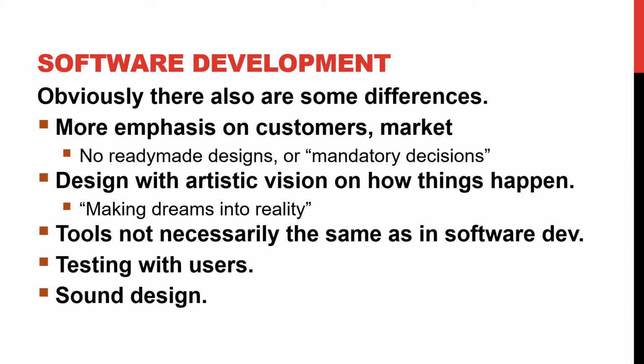For example, if you are making a web store or an application you can use to see where the buses are and buy tickets and stuff like that, of course you have ready-made designs and you have some mandatory decisions that need to happen in a certain way. But of course with games there is really not that type of thing.